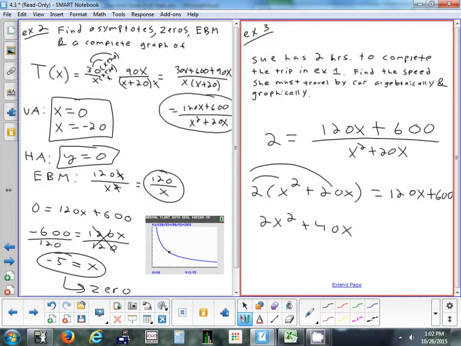Now this is turning into a quadratic. So generally, Olivia, when I solve a quadratic, what number do I try to get it equal to on one side? 0. Yeah, we're going to get it equal to 0. So how could I move those other 2 terms to the other side? Yeah, just subtract them.